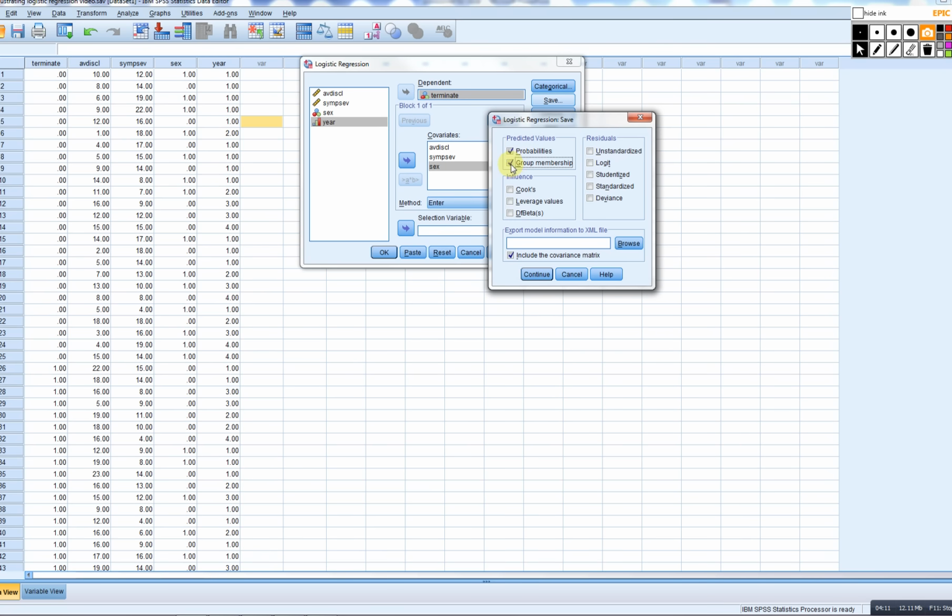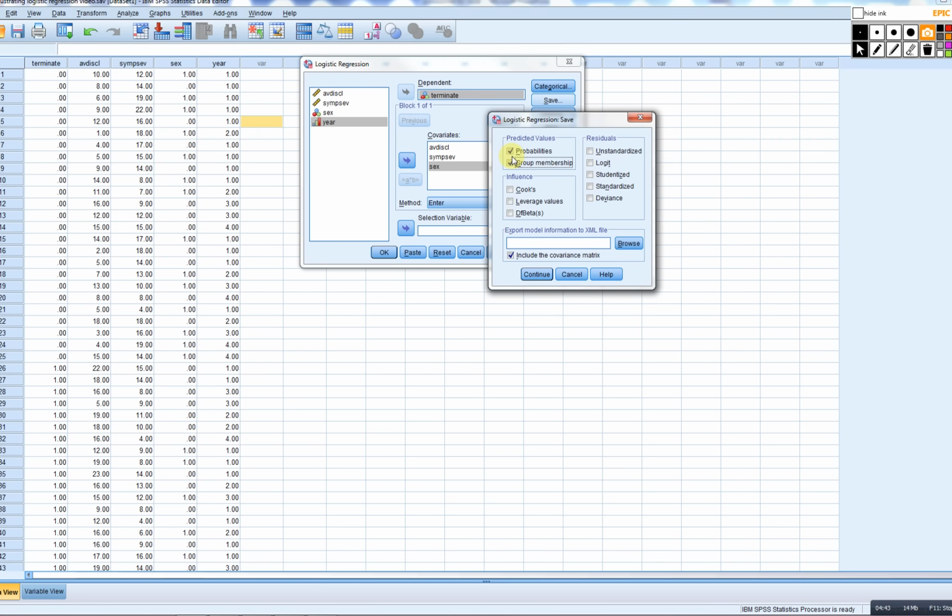The predicted probabilities that would be saved to our data set is the probability that a given case falls into the target group, or basically the group that is coded 1. So for our data, it would be the probability or likelihood that a case falls into the group coded 1, which is the group who terminated within the first 2 months.